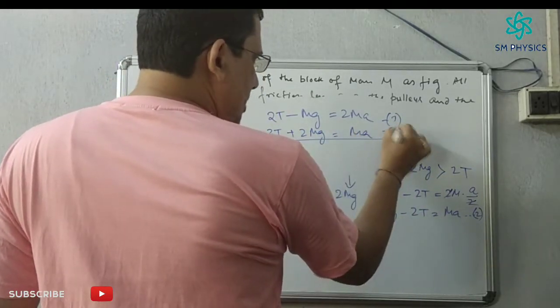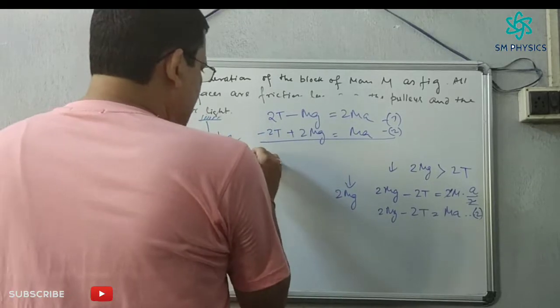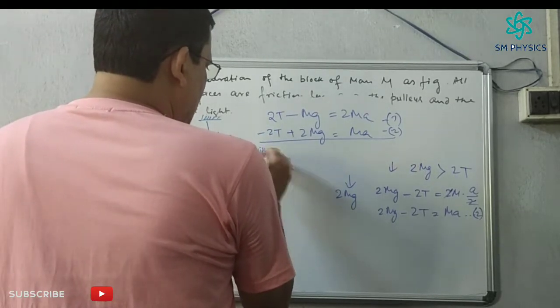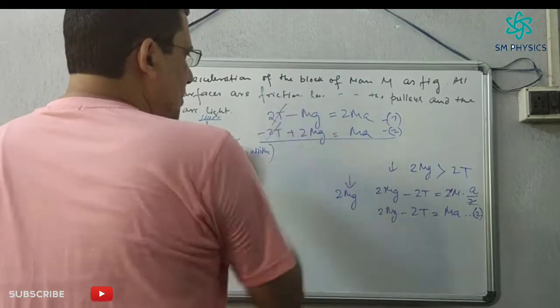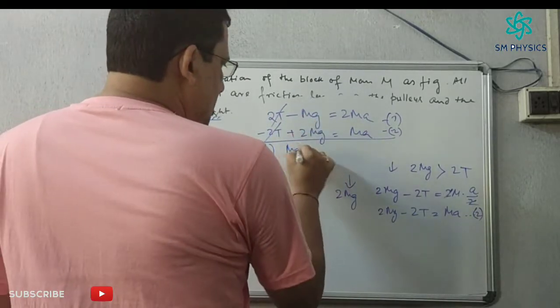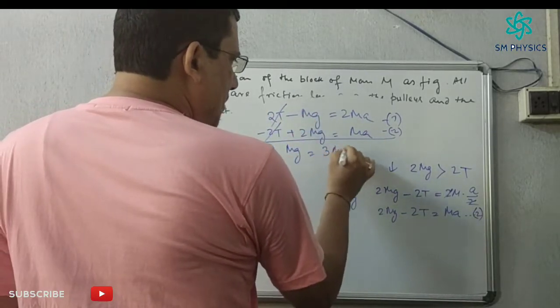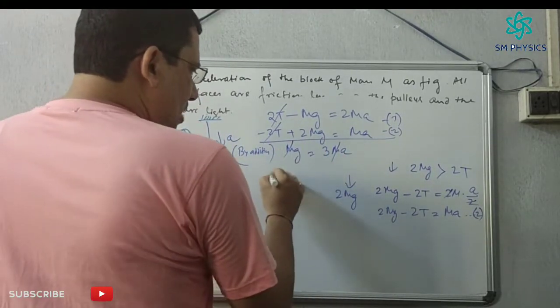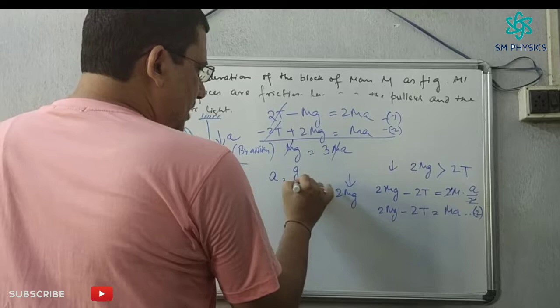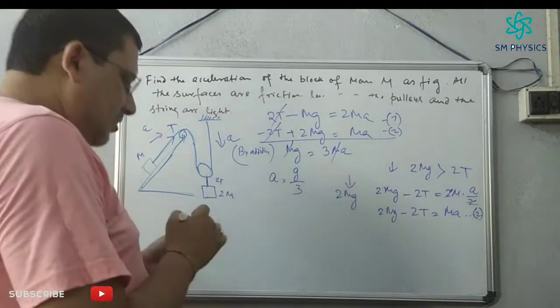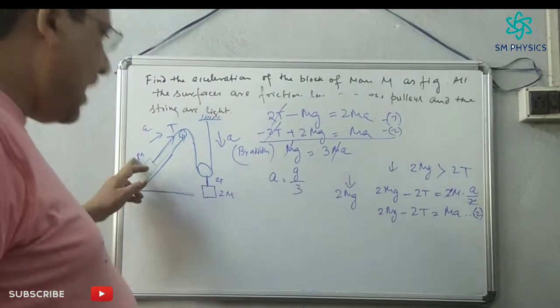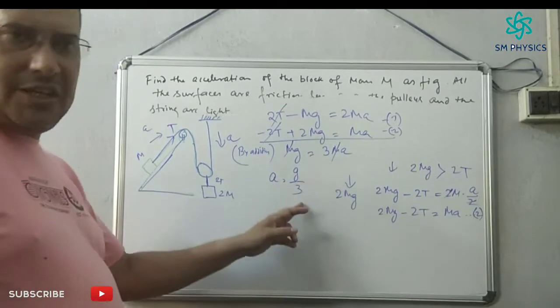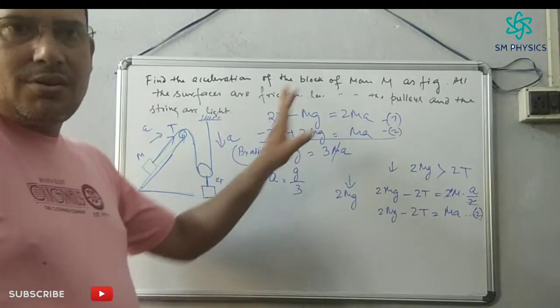This one is equation number 2. Now by addition, the T terms eliminate, and mg is equal to 3ma. Now m also eliminates, so a equal to g by 3. So the acceleration of the block m will be g by 3, and this is the solution of this problem.